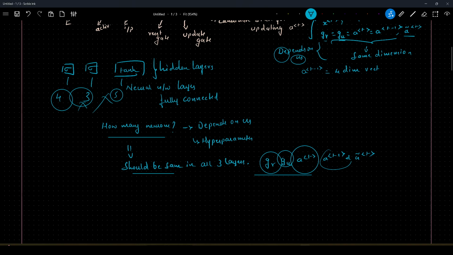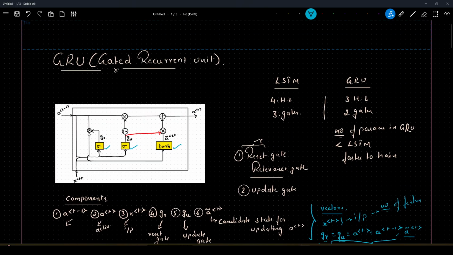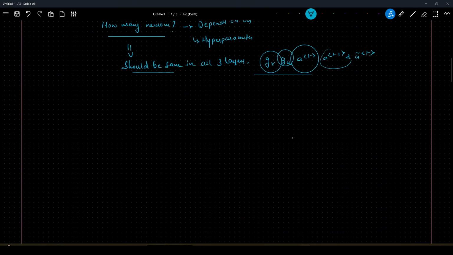Now you can see some symbols here, right? Multiplication encircled, addition encircled and 1 minus. Let's understand what those are. This encircled multiplication is called point-wise or element-wise multiplication. The technical term for this is the Hadamard product. You don't have to remember this particular name, but it's good to know.